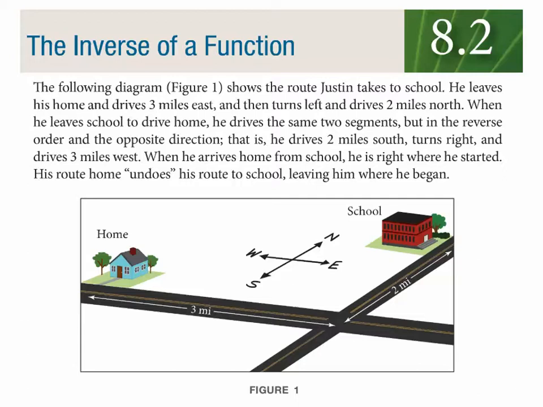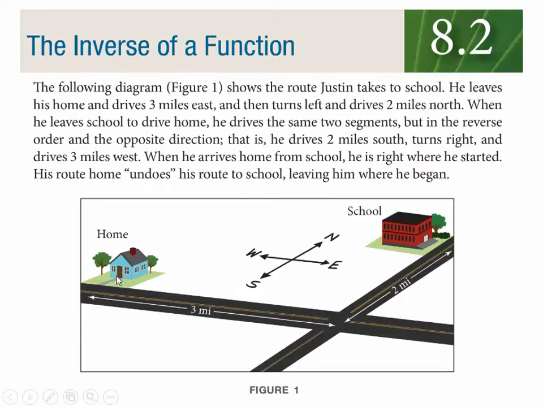But we need to understand something called the inverse of a function. What does an inverse of a function do? As an illustration here, it's just going backwards. On the diagram, figure 1 shows the route Justin takes to school. So home is right here.